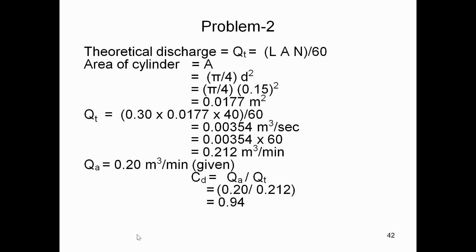From this we'll get CD as 0.94. Next, we have to find the slip of the pump, QT minus QA. By substituting those values, we'll get slip equal to 0.012 meter cube per minute.